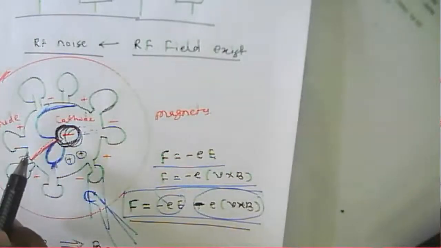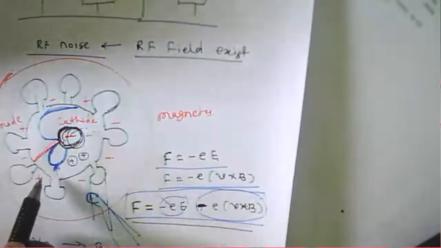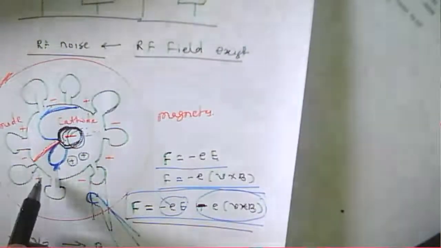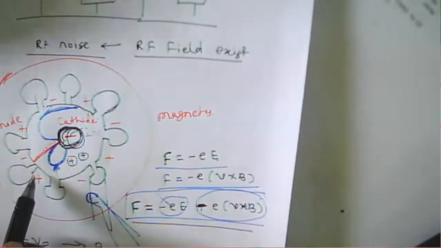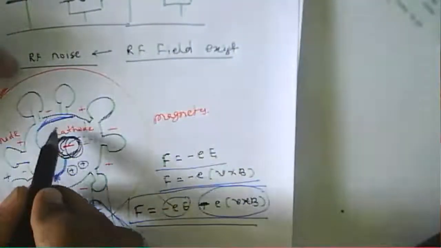These are alternating RF magnetic flux lines, so the plus and minus change in the next turn. The electron will move from the cathode to the anode, they will reach it, and then oscillation takes place. We'll see that oscillation later.